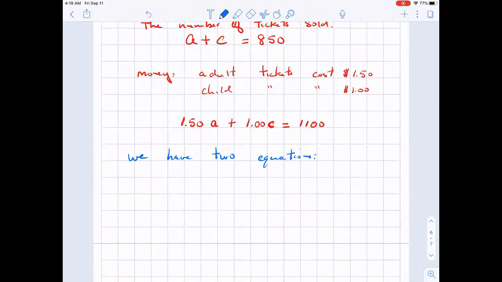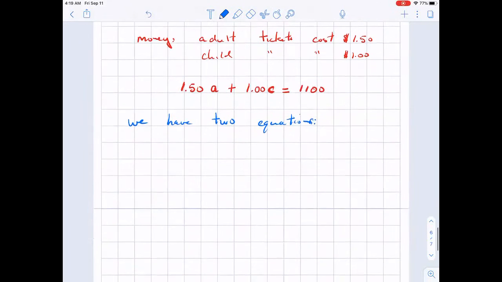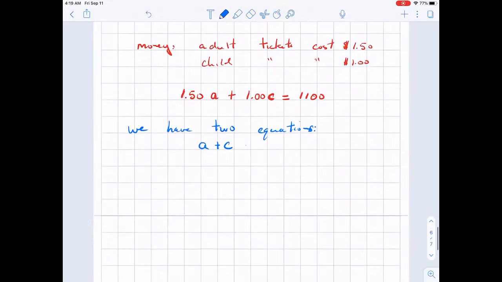My two equations are as follows. A plus C is equal to 850 and 1.50A plus 1.00C is equal to $1,100.